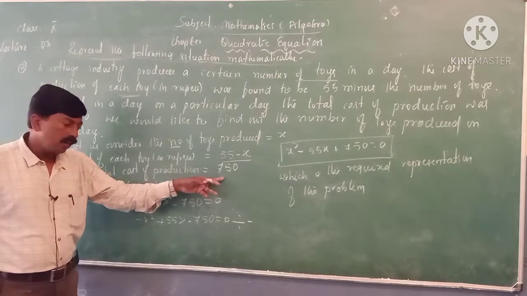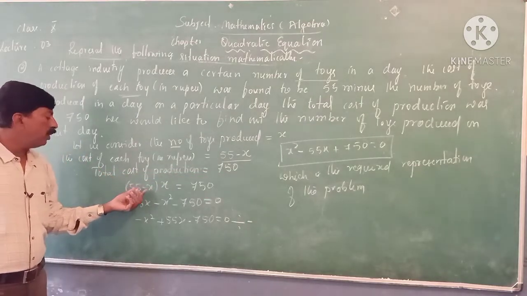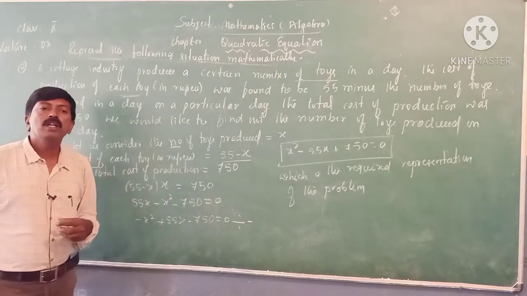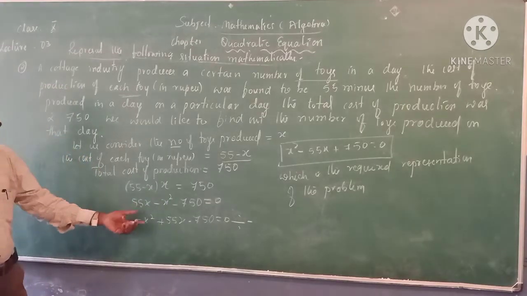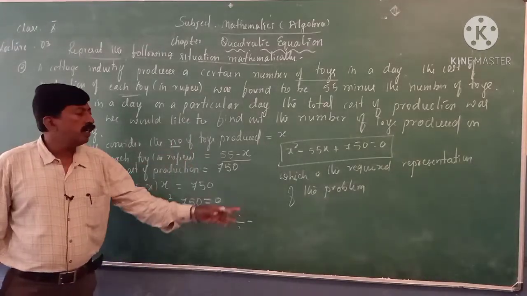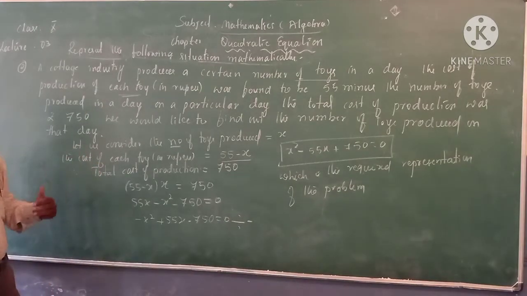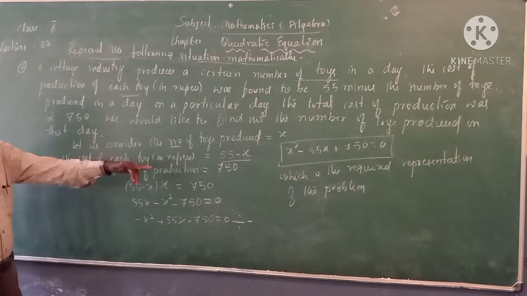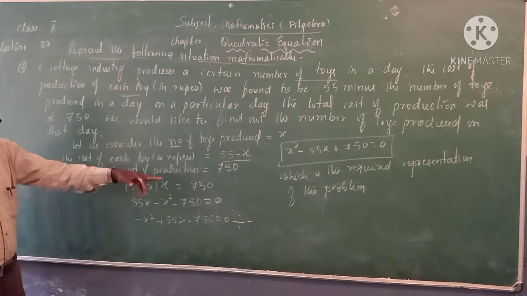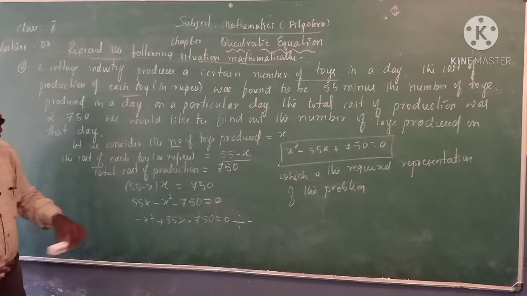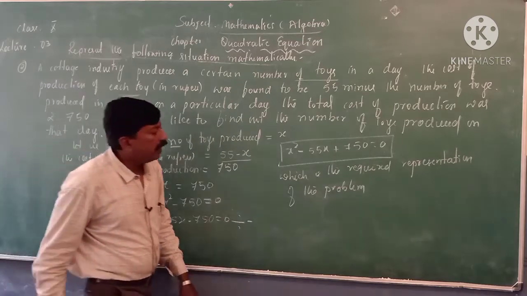So as per the data, 55 minus x into x is equal to 750. Now simplify, we get x square minus 55x plus 750 is equal to 0. That is the required representation of the situation or of the problem mathematically.